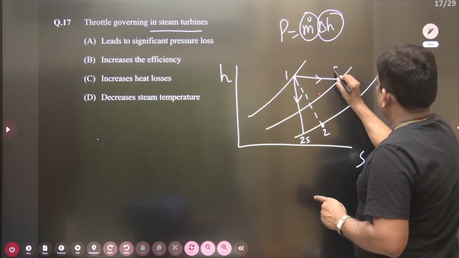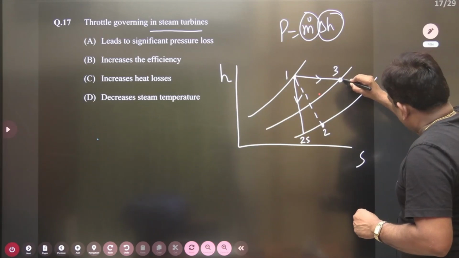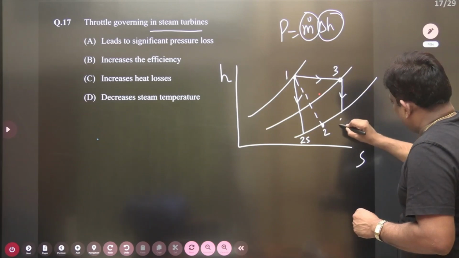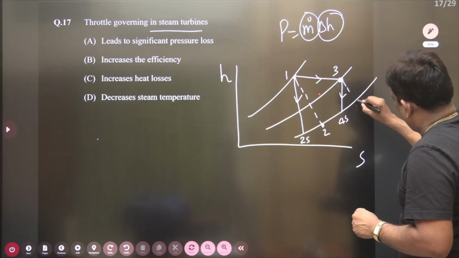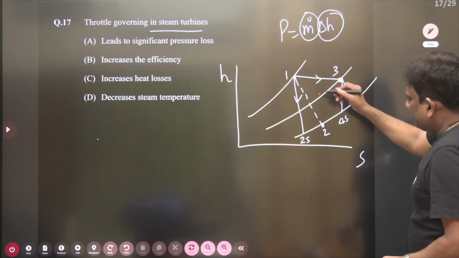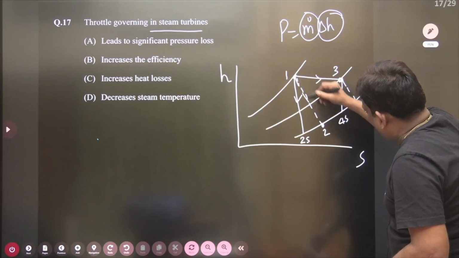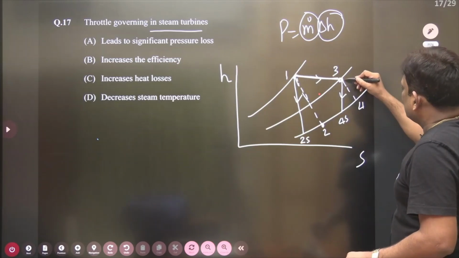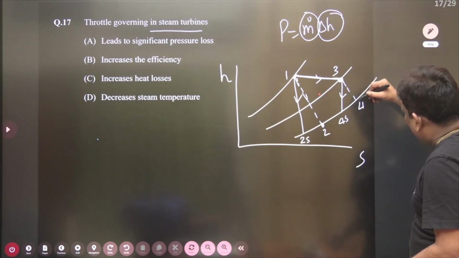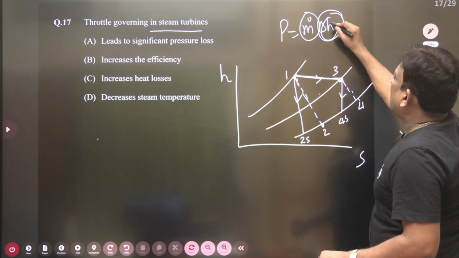Therefore, let this be 3. Now from here it expands. Let this be 4s, let this be 4. Look, my dear students, in this case you are getting more power, but if it is throttled, due to reduction in enthalpy drop, the power developed is less.